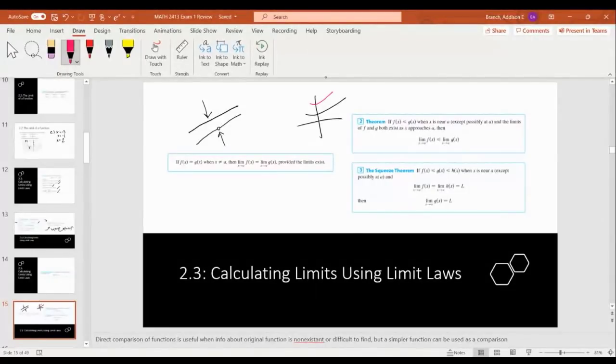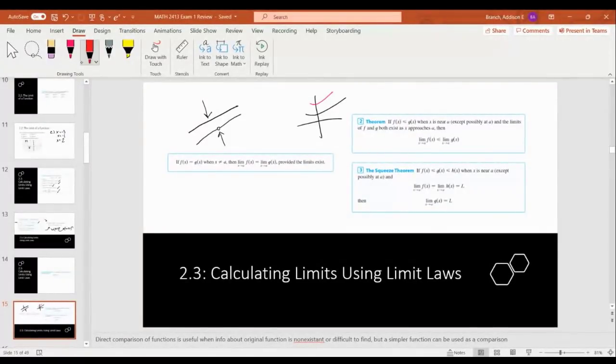And the next big one we have is called the squeeze theorem. Essentially, it says if we have three functions, f, g, and h, where g is bigger than f and h is bigger than g, and we know that the limits of f and h are the same, then the limit of g also has to be that.